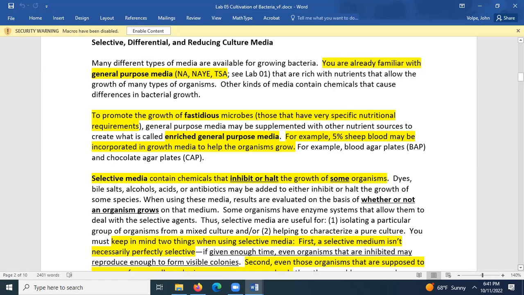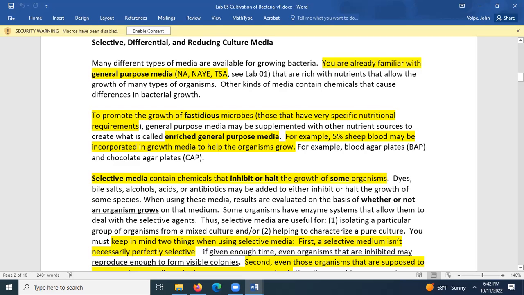For example, we can add 5% sheep's blood to tryptic soy agar to help grow the specific microbe. We don't call this tryptic soy agar with added 5% sheep's blood. We call that blood agar plates or BAP. Any question about any of that?